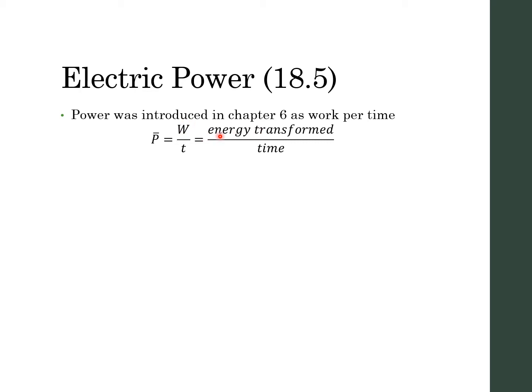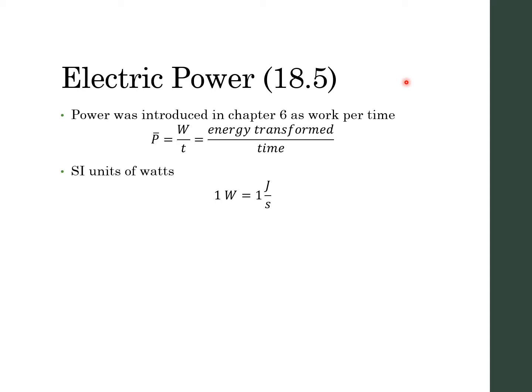So work is equal to the energy transformed from one type to another over time. So this is just the introduction of power and how it was used originally when we saw it. And it had the SI unit of watts, which is 1 joule per 1 second.